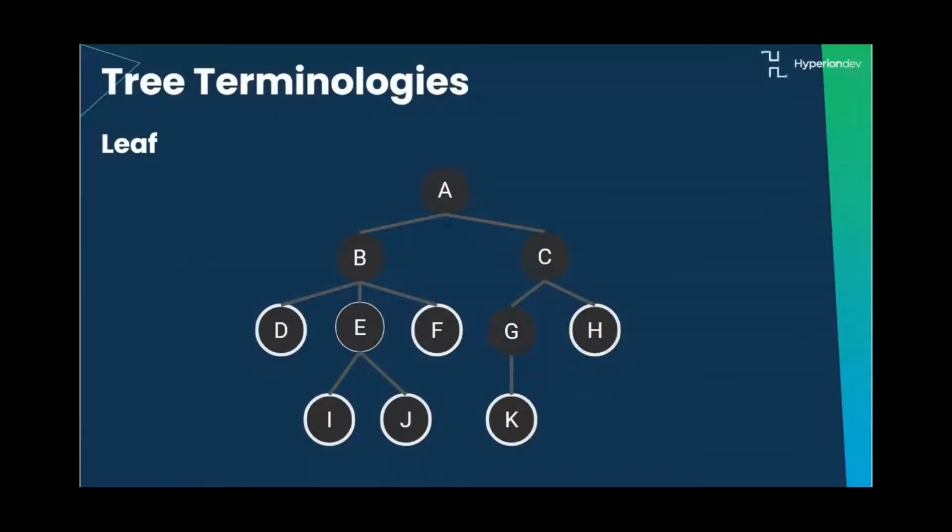Whenever a node does not have a child, it can also be considered an external node or a terminal node. So in this example, you can see that D, F, H, I, J, and K are all leaf nodes.